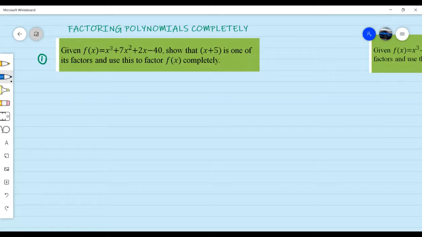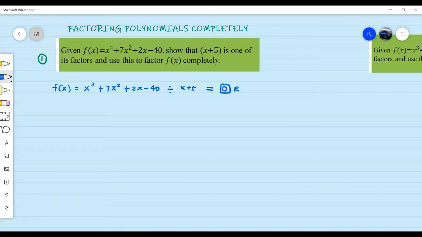So meaning to say, if x plus 5 is a factor of the given polynomial, which is x cubed plus 7x squared plus 2x minus 40, since it is given that x plus 5 is a factor, when we divide this given polynomial by x plus 5, we are expecting that the remainder will be equal to 0. Okay, this is the remainder equal to 0.